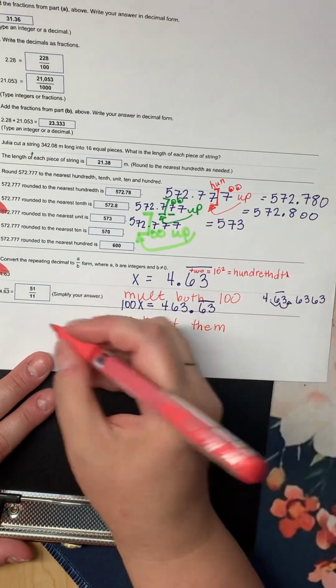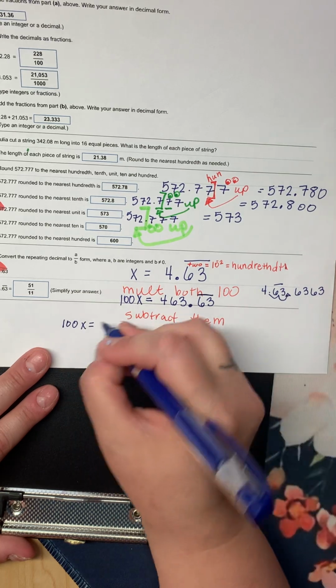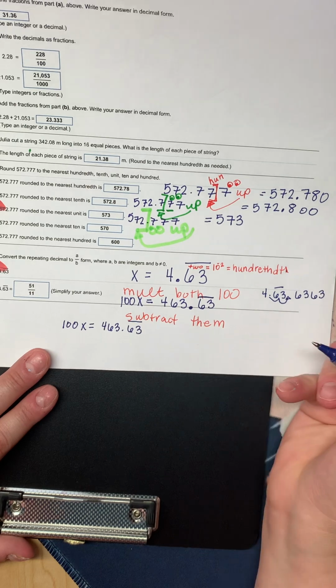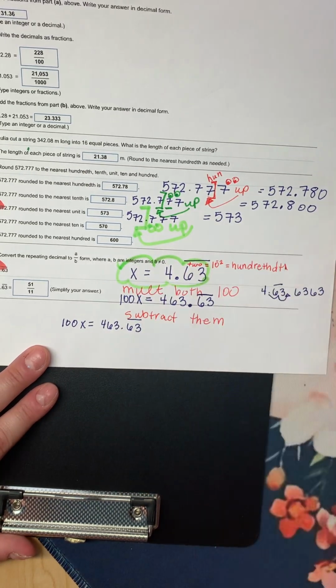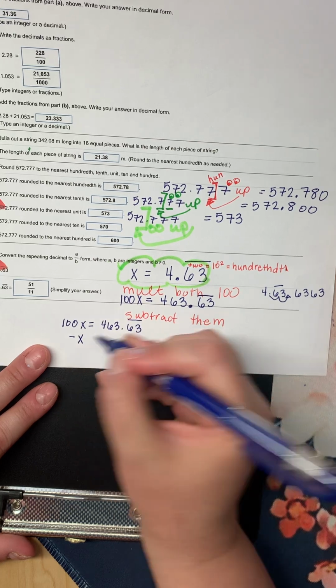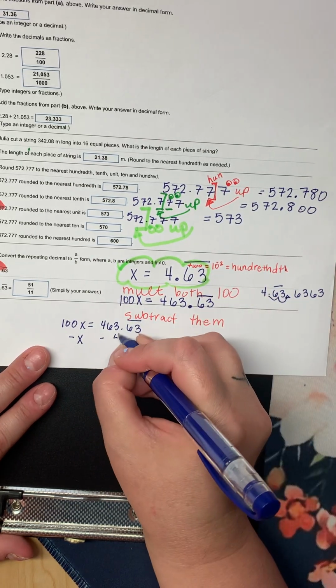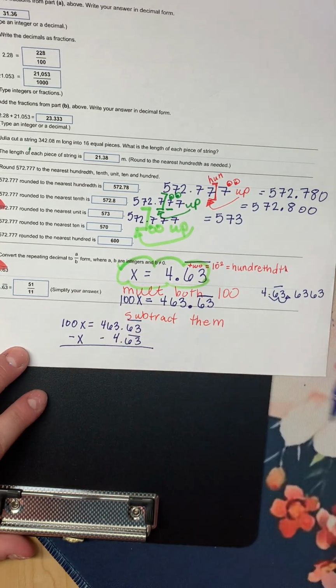So we're going to take this 100x equals 463.63 repeat. And we're going to subtract off this OG guy. So let's subtract off that x on the left, and on the right, subtract off that 4.63 repeat.